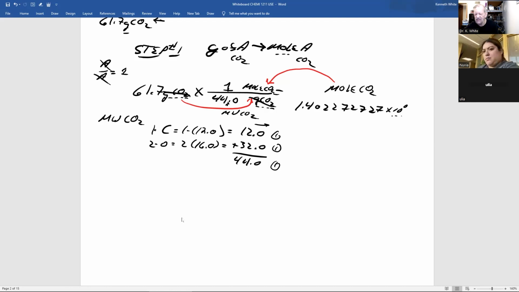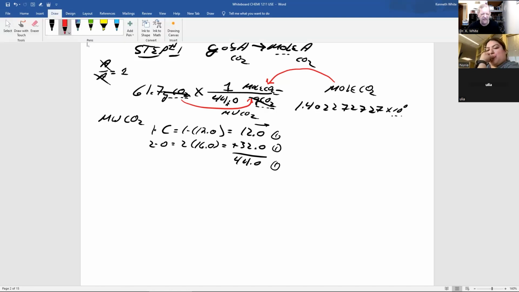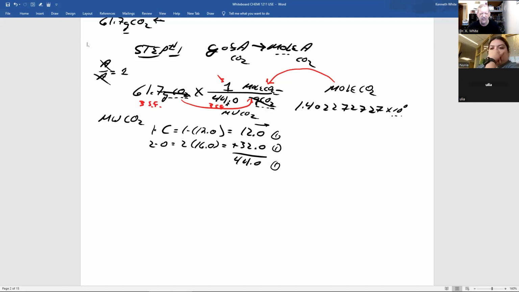And don't forget 10 to the 0 would be just 1, so times 1. Now, this has how many significant figures? When you multiply and divide, your answer should have the same number of significant figures as the number with the fewest significant figures. In this case, both are 3, so you need to round this off to 3 significant figures.